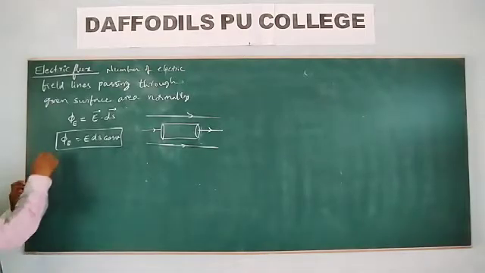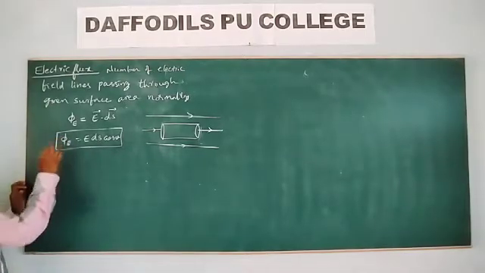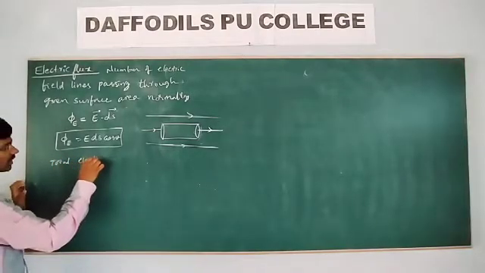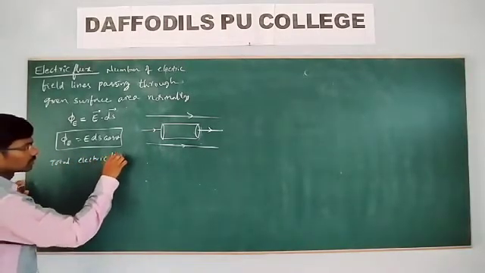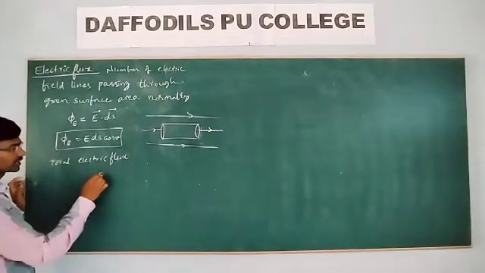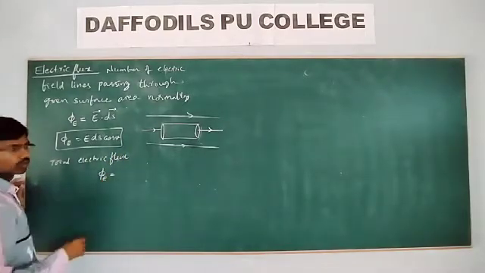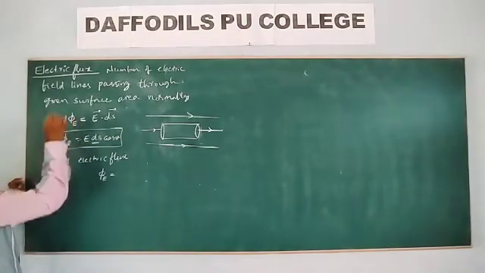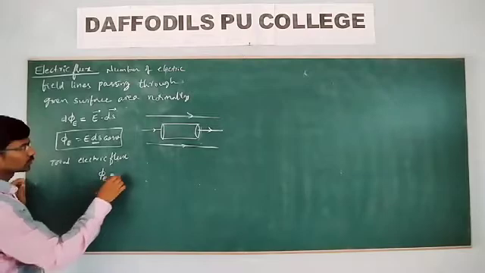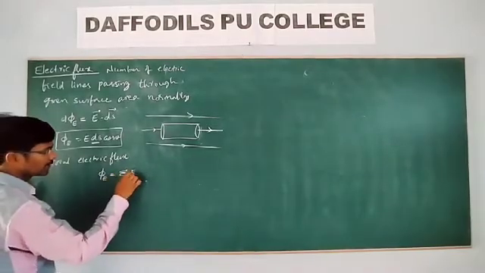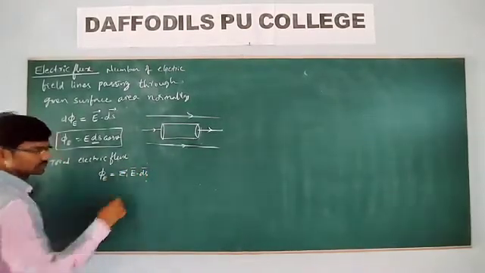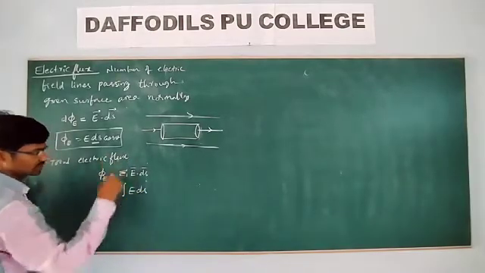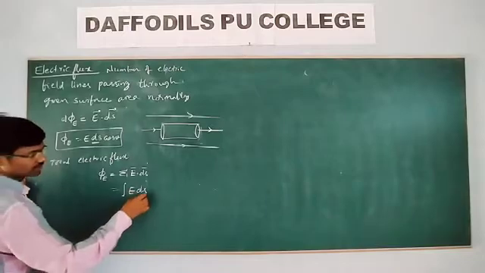For a small surface, d phi E is equal to E ds cos theta. For the total electric flux, phi E is equal to the sum of E bar dot ds bar, or you can write it as the integral of E ds cos theta.